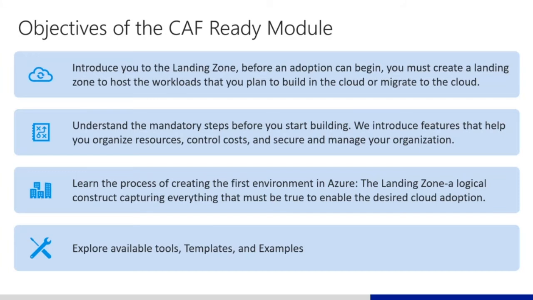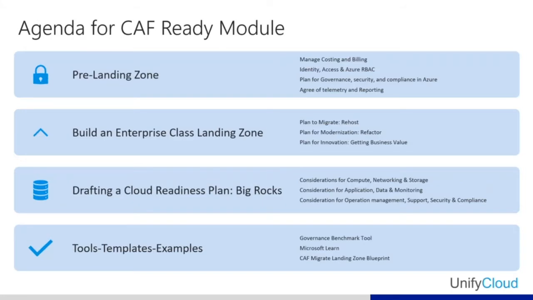Then we also discuss how we organize our resources in a subscription. Finally, we are going to discuss available tools and templates for having this landing zone correctly established in Azure, which brings us to the agenda of this session.